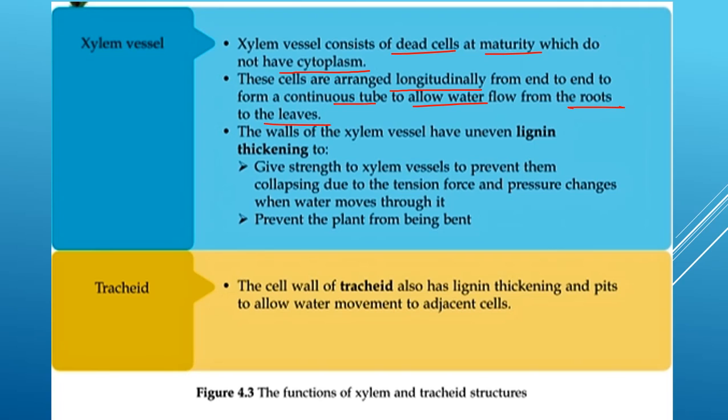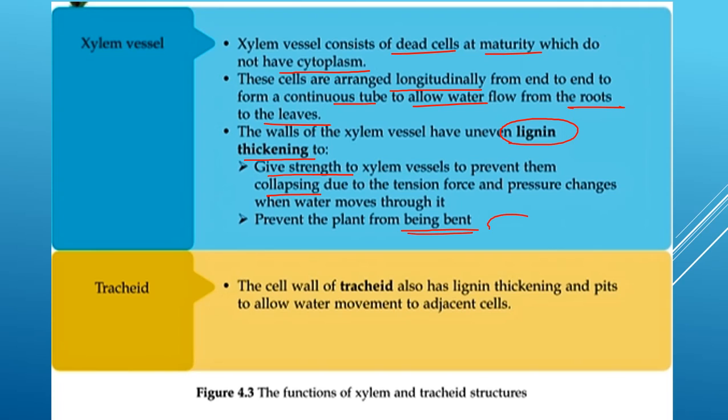The wall of xylem vessels also has lignin thickening, so that it will give strength to the xylem vessel to prevent them from collapsing due to the tension force and pressure changes when water moves through the xylem vessel. And also the lignin thickening is to prevent the plant from being bent.